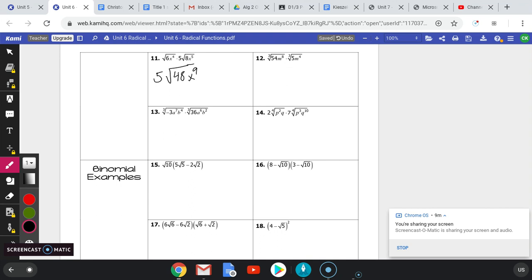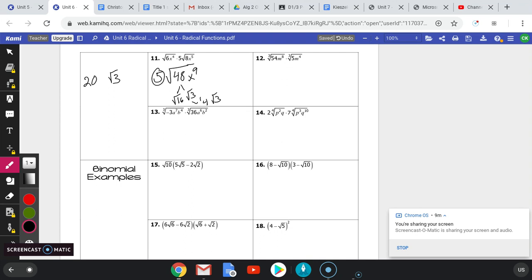And now you have to go simplifying. What's the biggest perfect square that goes evenly into 48? 16, and the other factor is 3. The square root of 16 is 4, times the square root of 3, and don't forget the 5 needs to multiply by the 4. So I get 20 root 3. And now, if you remember from last lesson, I have to utilize the variable.